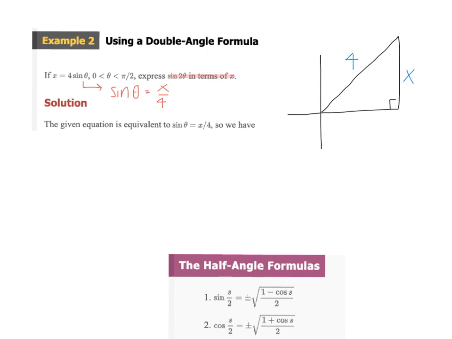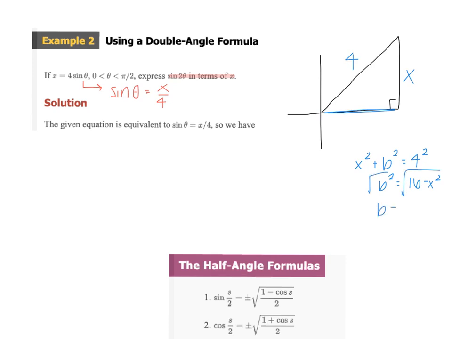Now we need to find our third side length, like always. So we'll do some Pythagorean's theorem. x squared plus, we can call this length, I guess, b, equals 4 squared. So we're solving for b squared. So you get 16 minus x squared.